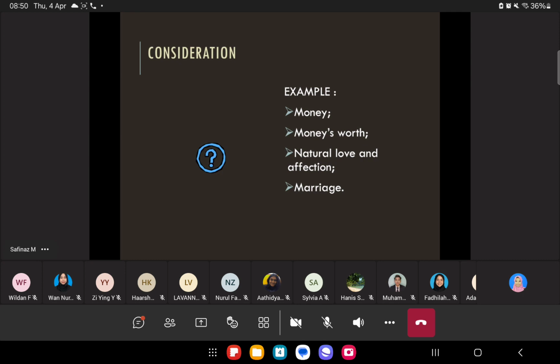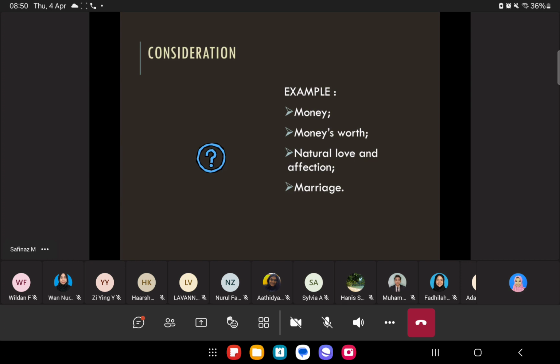And it also refers to natural love and affection, and it also refers to marriage. So in a marriage settlement, marriage too is already a consideration. So the beneficiary of a marriage settlement is not considered as a volunteer because they have given consideration.